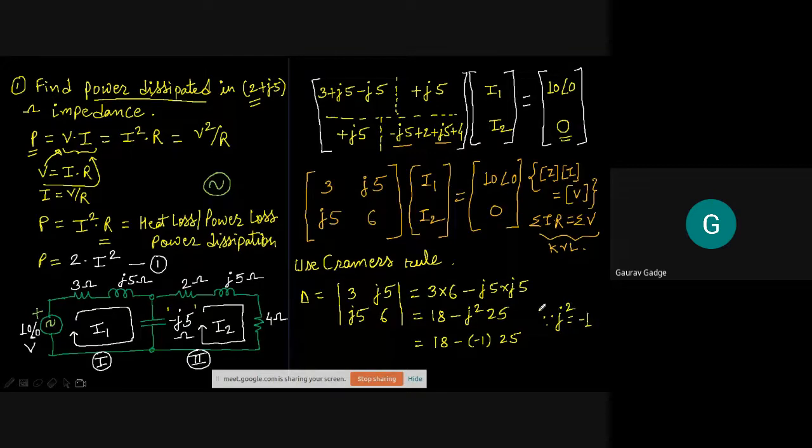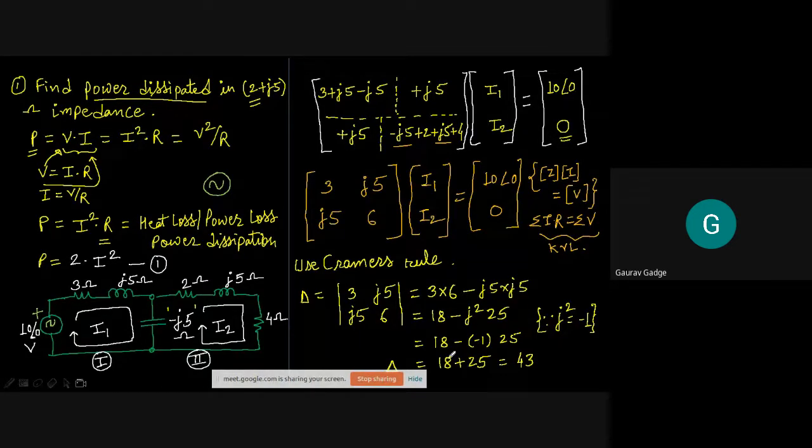I think all of you know this. So I just write it here, since j square equal to -1. So it is equal to 18 minus of -1 is plus, and therefore plus 25, and 18 plus 25, 8 and 5 13, that is 43. 8 plus 5 is 13, so it is 43. So this is the value of delta.